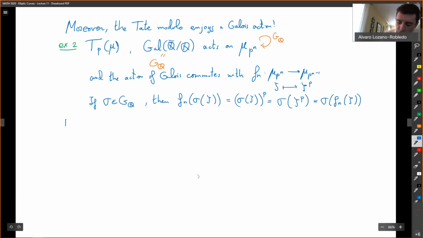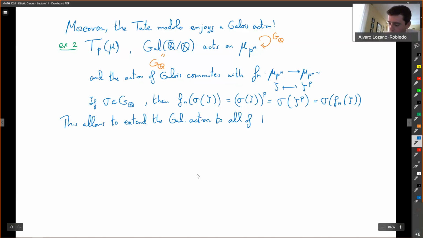This allows us to define a Galois action on the entire Tate module, to extend the Galois action to all of the Tate module of Q by simply saying that sigma acting on a sequence of zetas is defined as follows.